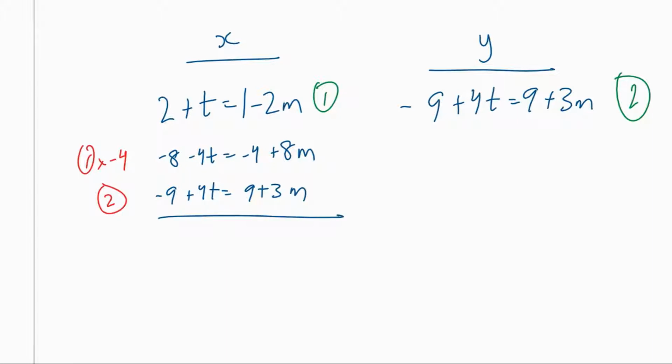Okay. So now I am going to add these together. And so here we go. -8 plus -9 is -17. -4 plus 4 is 0. -4 plus 9 is 5. Equals. And 8 plus 3 is 11.